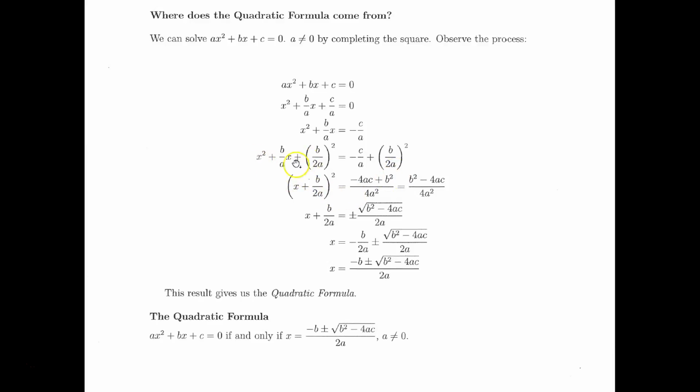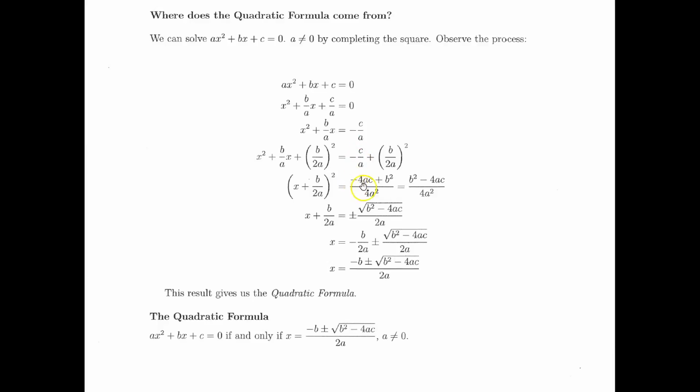On the left-hand side, completing the square means we can write the left-hand side as x plus b over 2a quantity squared. On the right-hand side, this will be b squared over 4a squared, minus c over a. When we simplify, with a common denominator of 4a squared, we multiply the first fraction by 4a over 4a.